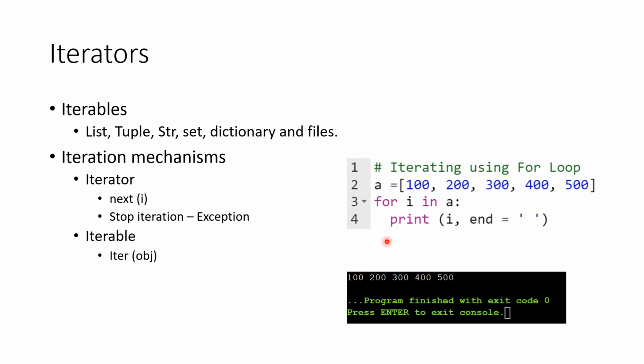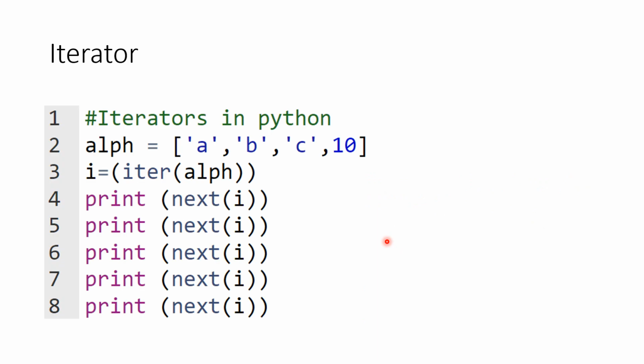Now let's see some more detail about the iterator. Let us assume I have a list called alpha, with the content A, B, C, and 10. Now if I want to iterate through this list without the help of a for loop, in order to understand the mechanism of the for loop, we will do this. First we need to produce an iterable object.